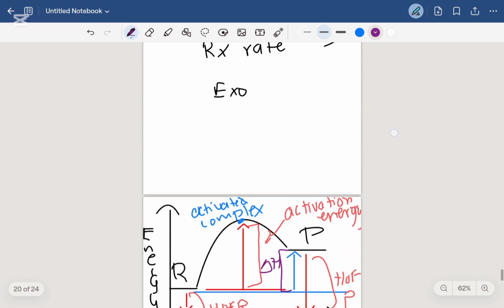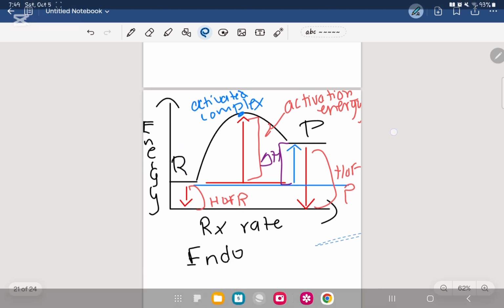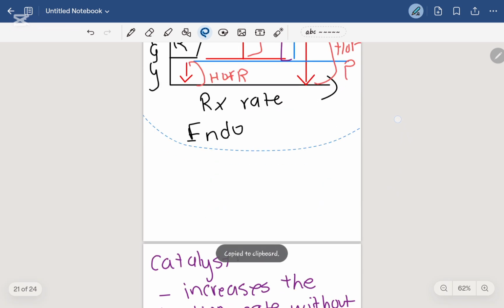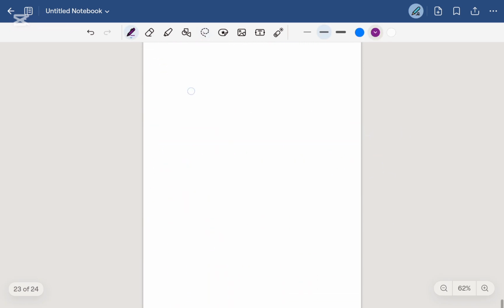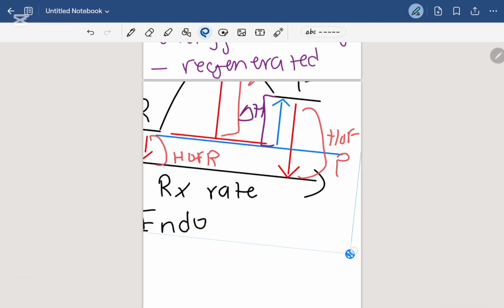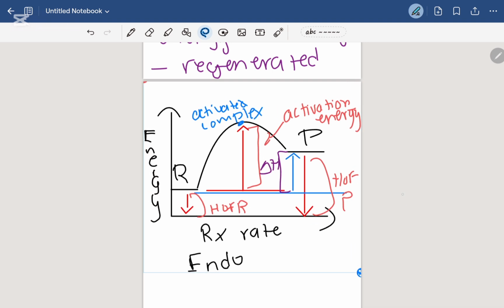So let's take, for example, this endothermic graph. I will copy it, and then I will come over here and paste it. So we have this endothermic graph.